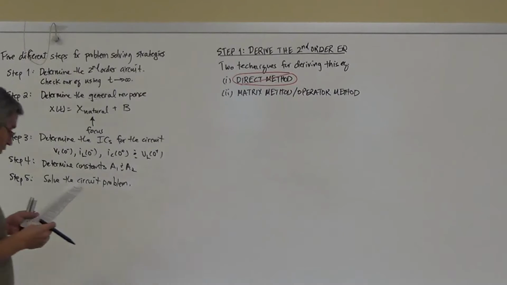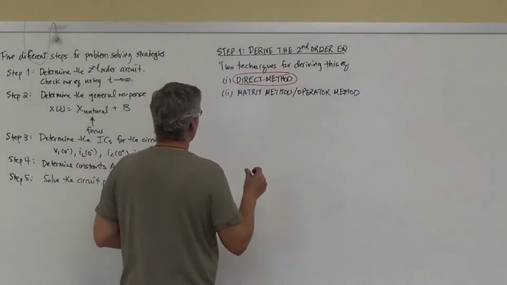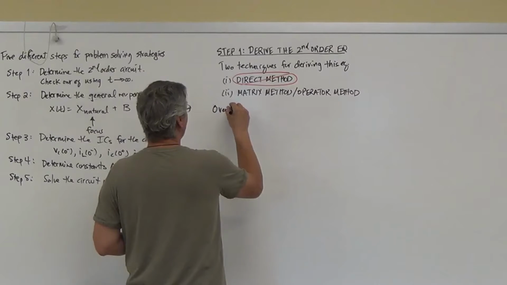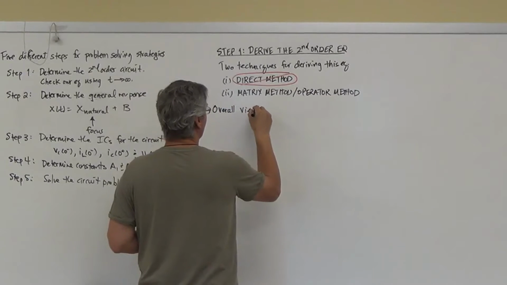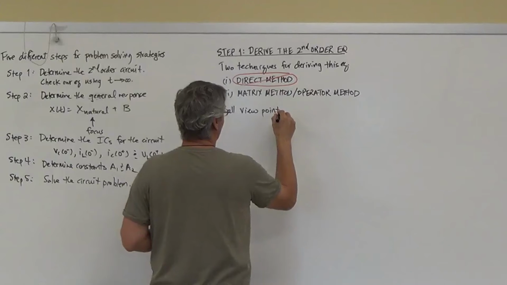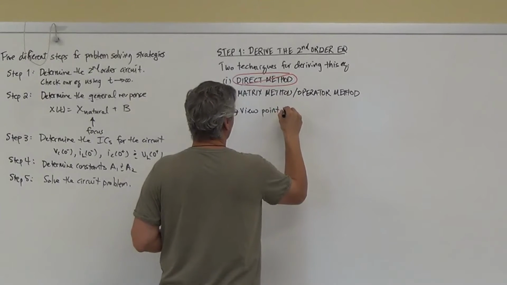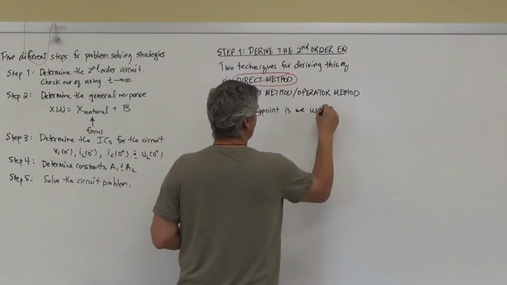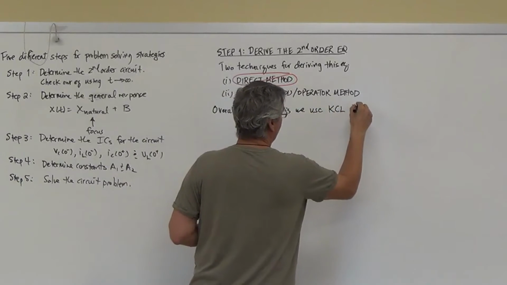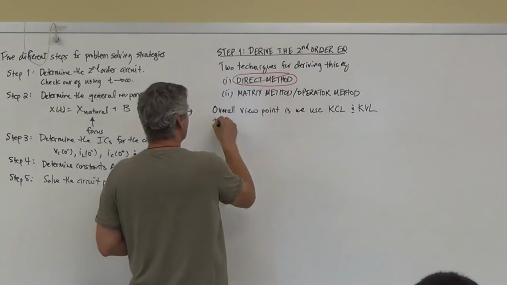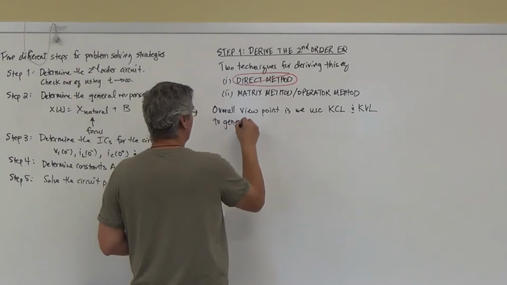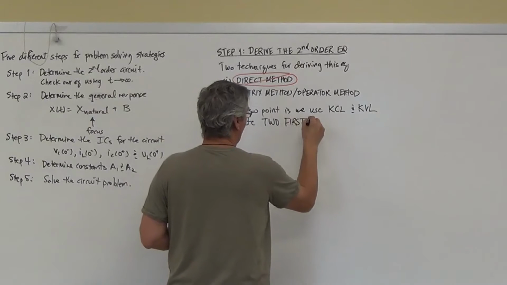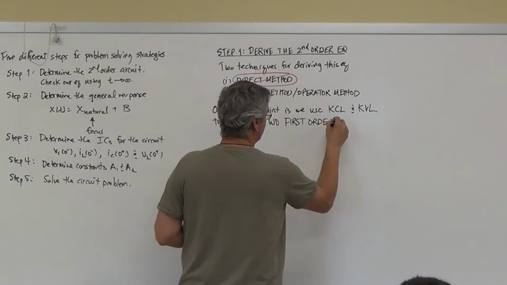And so what we're going to do here is, the overall viewpoint is that we use KCL and KVL to generate 2 first-order equations.